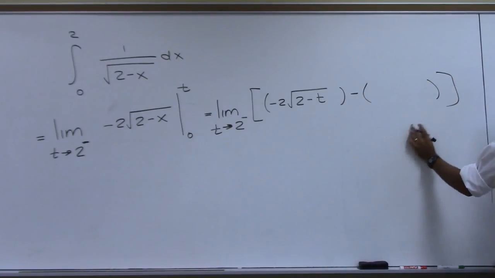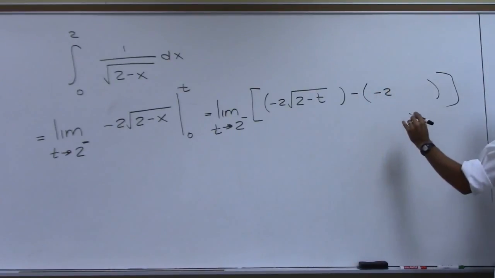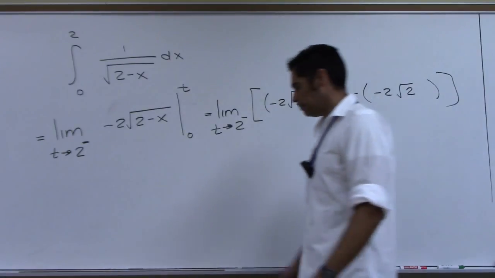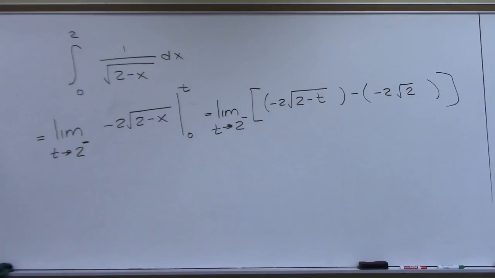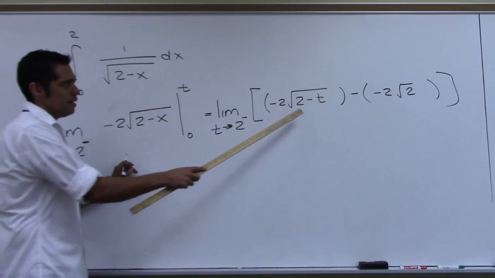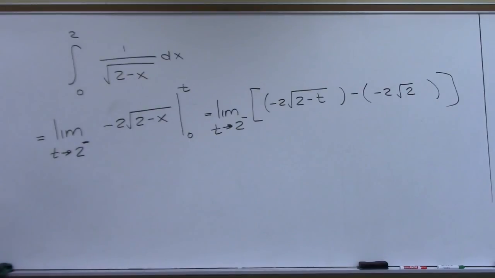What happens when I plug in 0? -2 times root 2? Okay. And now we let t go to 0. Not t go to 0, t go to 2. So I'm approaching 2, right? Right in here. 2 minus 2 is 0.